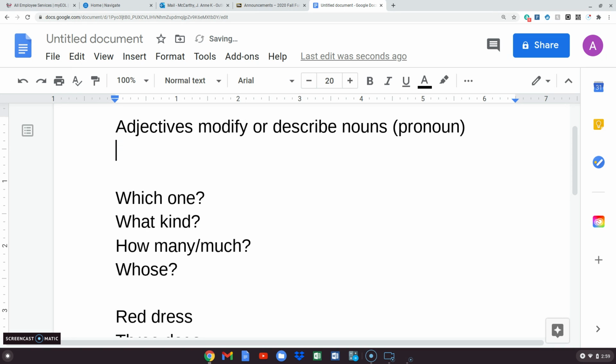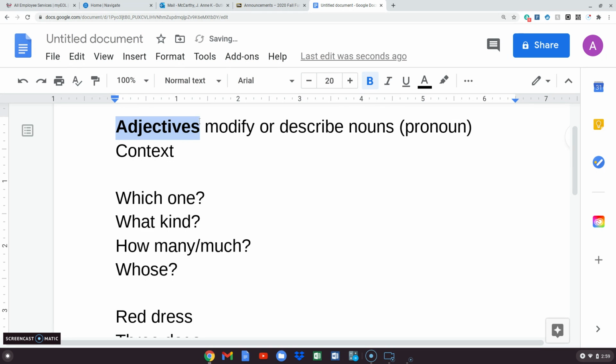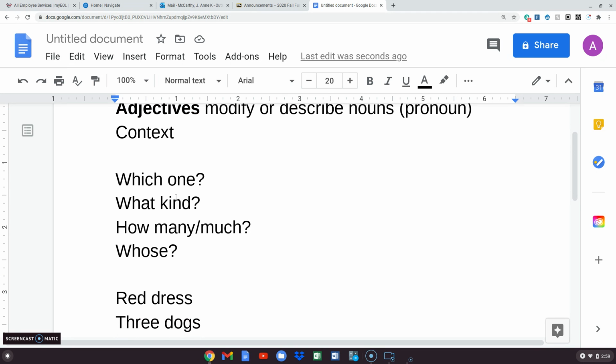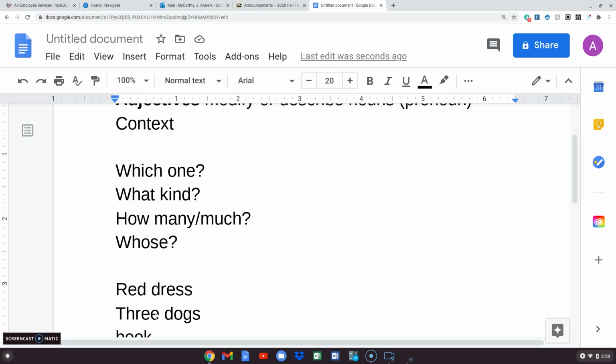I know in high school you talked about context clues. Well, text is words and con is within. So notice when we're looking at vocabulary, when we're looking at parts of speech, the way a word is used can sometimes change the part of speech that it is. So when you have an adjective, sometimes the same word can be a different part of speech used in a different context. So 3 dogs.